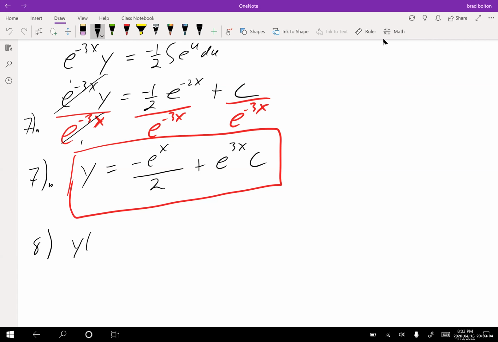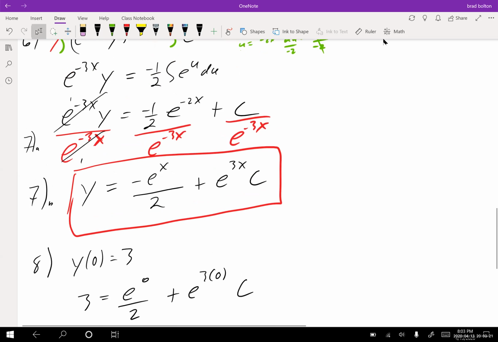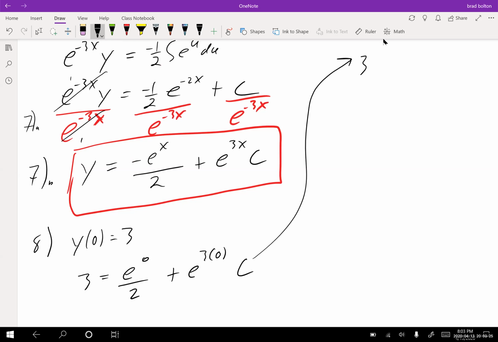We know that y of 0 is equal to 3. So that means that I can say 3 is equal to negative e to the 0 over 2 plus e to the 3 times 0 times c. Let's go over here. We kind of haven't used up a lot of room. So we have 3 equals 1/2 plus c.